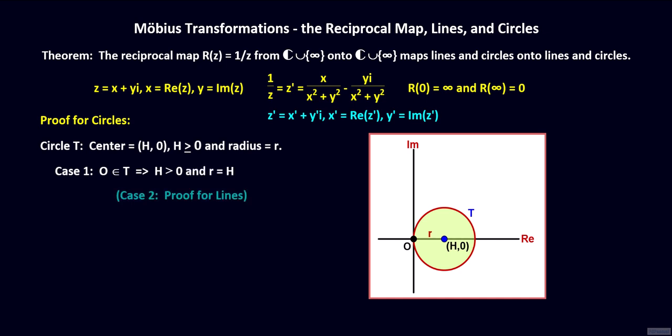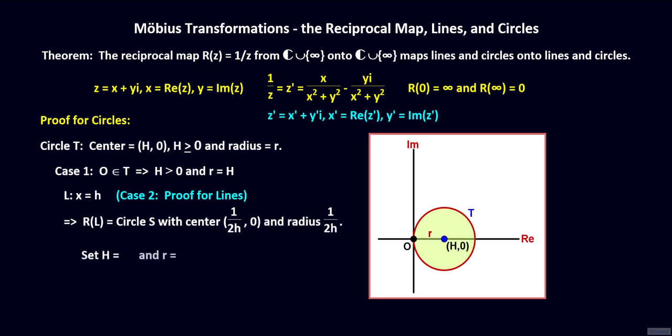This brings us back to the second case for the line, when we had applied the reciprocal map to line L, whose equation was x equals little h. For that case, the reciprocal map mapped line L onto the circle S, whose center was at 1 divided by 2 small h, 0, and whose radius was 1 divided by 2 small h.